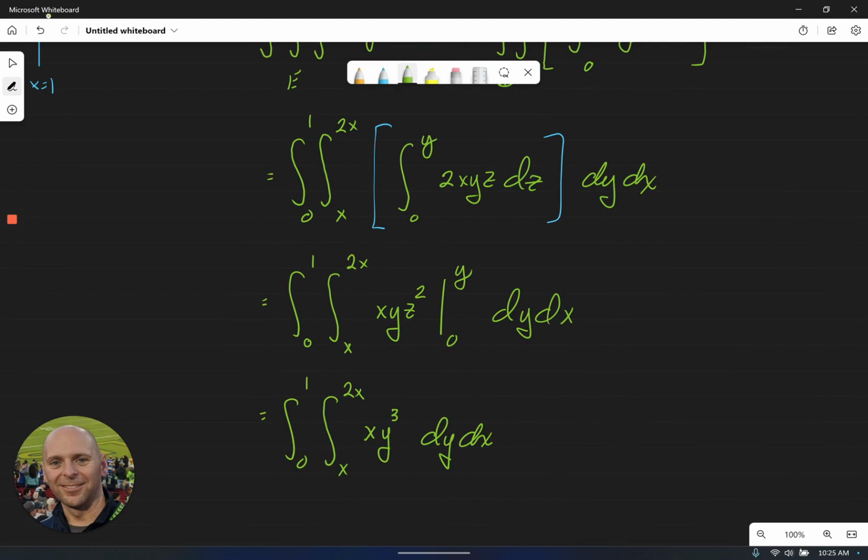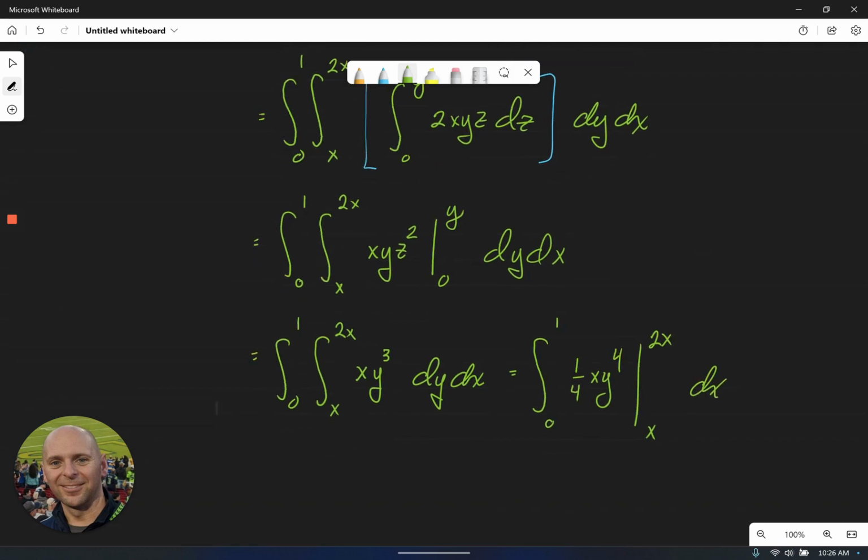So now we integrate with respect to y. It's just like any other double integral that we would work through. We'll anti-differentiate the y and evaluate at its limits. That looks like we would have something like 1/4 xy to the 4th, and we're going to evaluate that from x to 2x. And let's not forget our last differential.